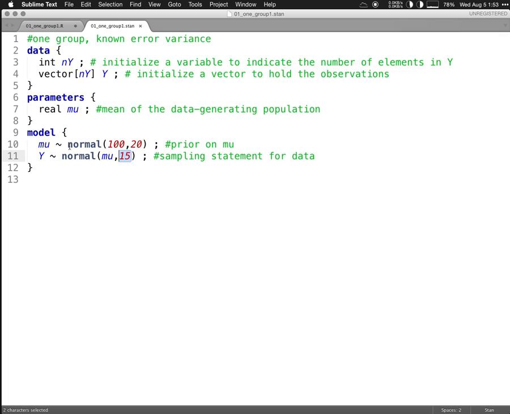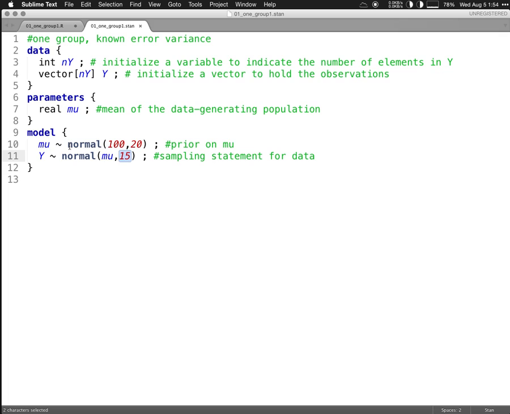Maybe we've encountered a population that is particularly smart, and we want to know what the credible values are for the true mean of that population if we were to sample everybody in it. We start off, having not seen anything from this population, with a general belief that it's going to be about 100.